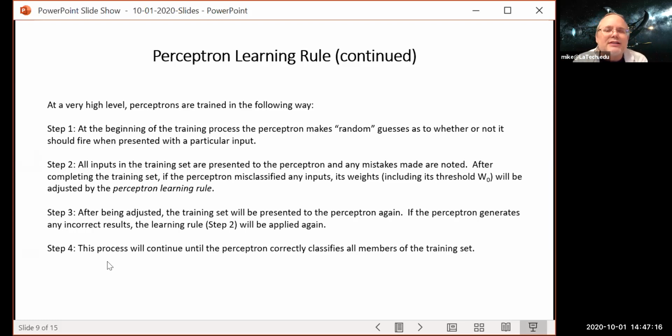But on perceptrons, if the problem is learnable, and I keep saying if the problem is learnable, and you'll understand why I'm saying that if, but if the problem is learnable, the perceptron learning rule is guaranteed to eventually get you to that solution, to teach the perceptron to solve that problem.